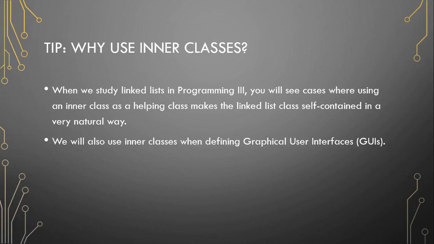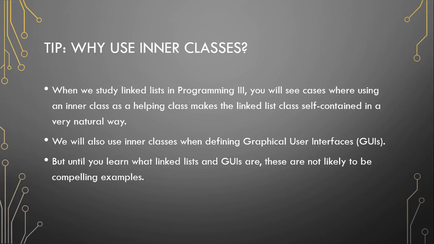We also use inner classes when we start looking at defining graphical user interfaces or GUIs. Java has gone through several different iterations of things, like they had the Swing interface, for example, and now they're moving to JavaFX as part of their GUI interface package. But until we have to learn about what linked lists and GUIs are, these aren't really meant to be compelling examples for you.